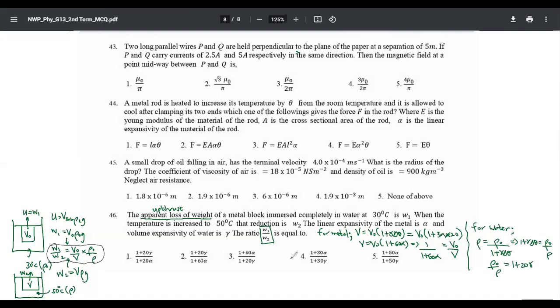Therefore, the final one, W1 over W2, is equal to V naught over V multiplied by rho naught over rho. V naught over V is 1 over 1 plus 60 alpha, and rho naught over rho is 1 plus 20 gamma. So the final answer is 1 plus 20 gamma divided by 1 plus 60 alpha.